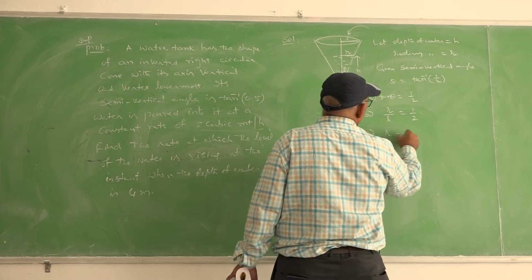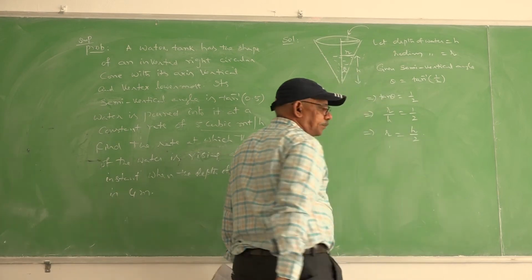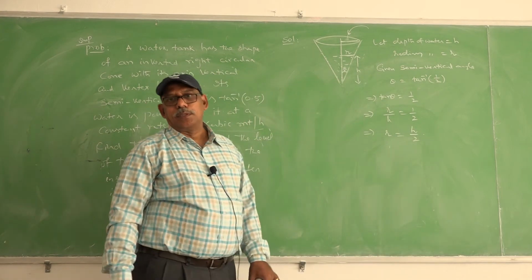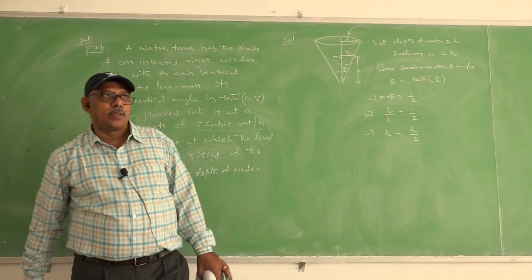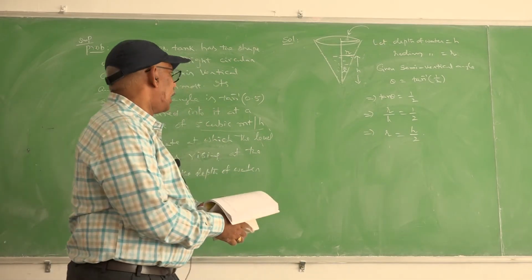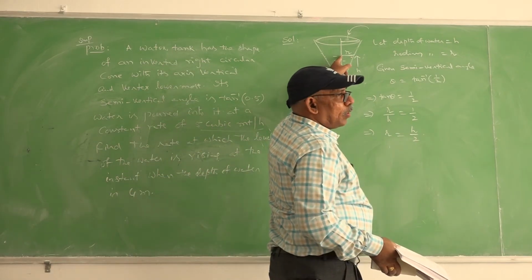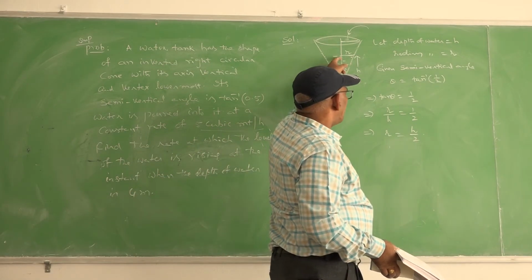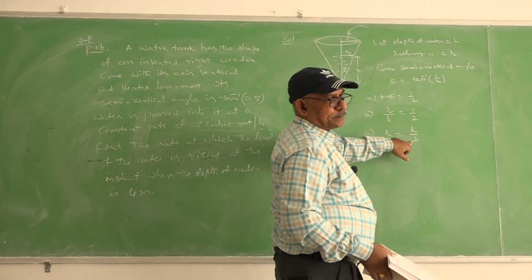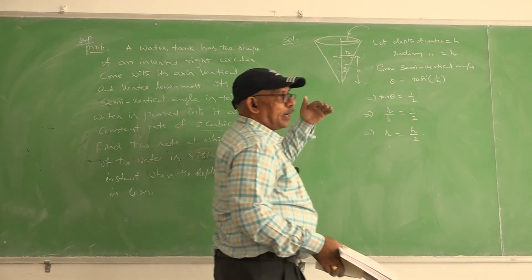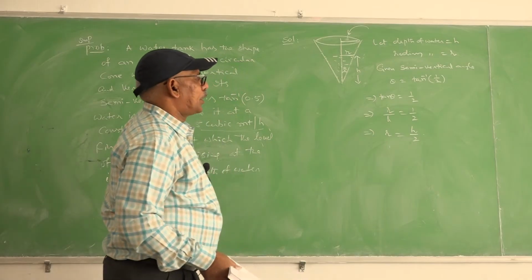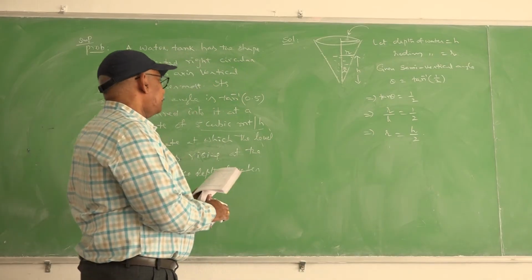Now R in terms of h: the radius of the water surface is always half of the depth of the water. That is the relation between radius and height of the water level.